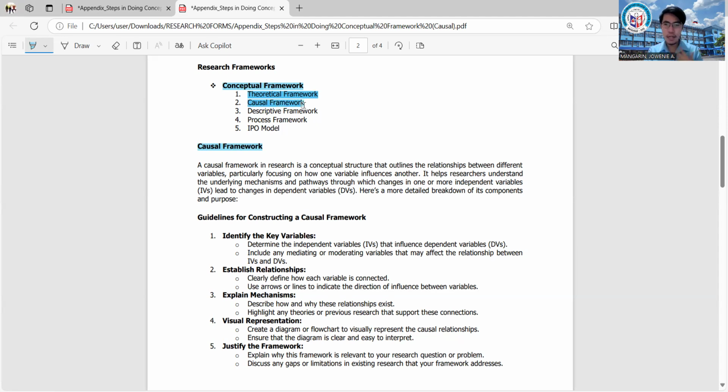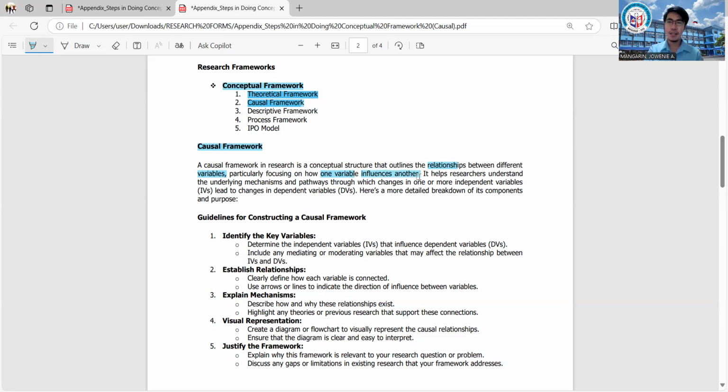Now, pag sinabi natin causal framework, from the name itself, it talks about the relationship that exists between the variables that we have in our research paper. In particular, it talks about how one variable or two variables, depending on the number of independent variables that you have, influence the dependent variable.